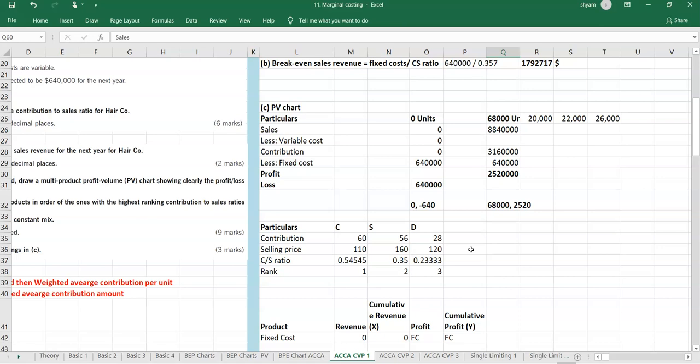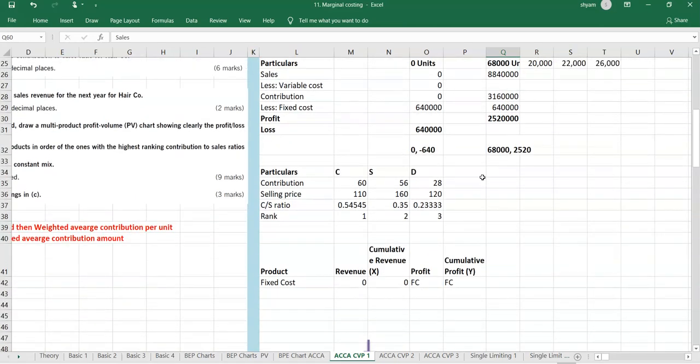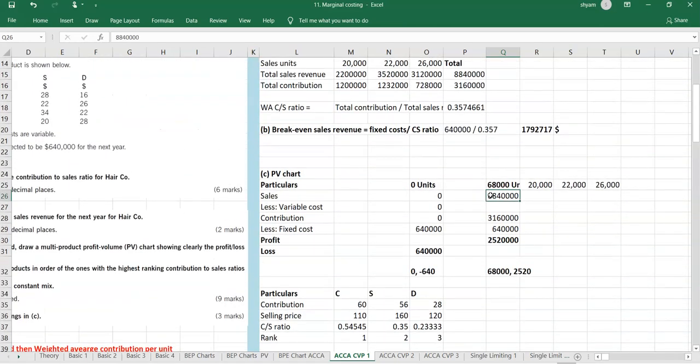Total sales is this value. It can't be 68,000 units. It should have been the total sales. So total sales is 88,40,000.